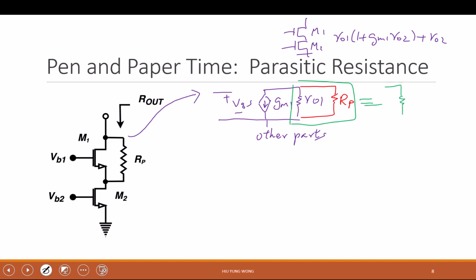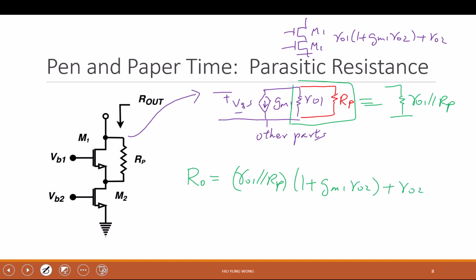So I can represent this whole thing by RO1 parallel RP. It's just a name. Now it's called RO1 parallel RP. Then if you try to solve the KCL, KVL again, you should get the same result, except that RO1 becomes RO1 parallel RP. Is this okay? Thank you very much for the answer and explanation. So the result is Rout equals (RO1 parallel RP) times (1 plus GM1 RO2) plus RO2. I only need to change RO1. Okay, clear? And this is rigorous.